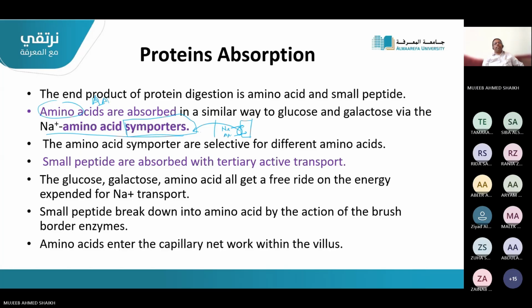Okay. But there is one more twist. Amino acid importers are selective for different types of amino acids. So a special amino acid will have a special importer, whereas small peptides are absorbed with tertiary active transport. Now you may be thinking, the doctor is confusing us.